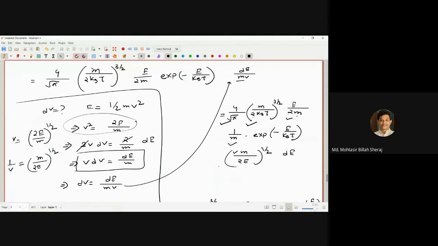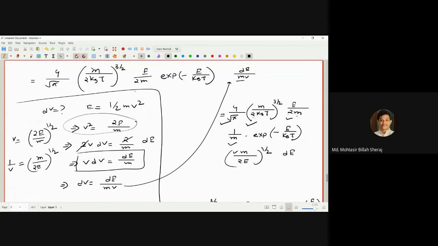So E equals to half mv square, so v equals to m by 2E to the power half. From here both sides dv dE by mv. So if we replace m square, and we have v equals to m by 2E to the power half.